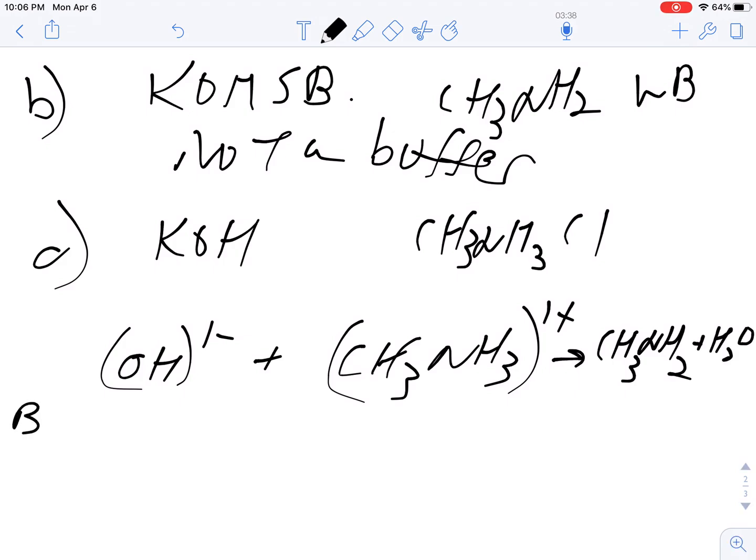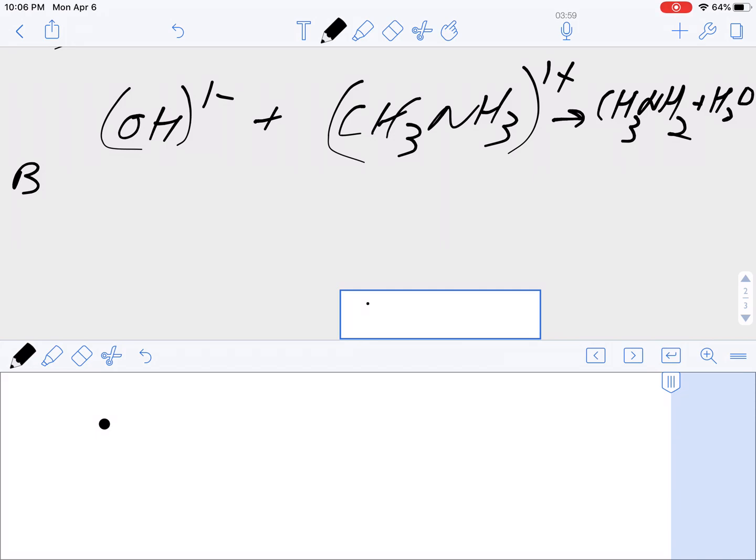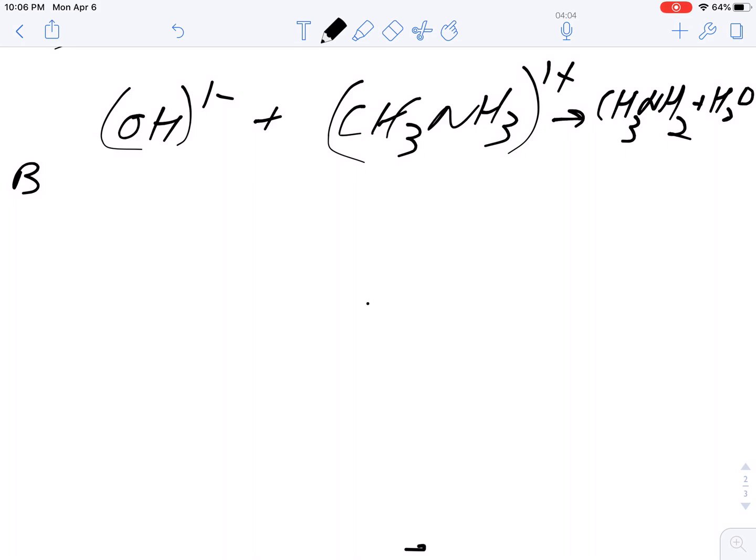Now in this case, beforehand, I've got 0.2 molar of this, and I got 0.1 molar of that.